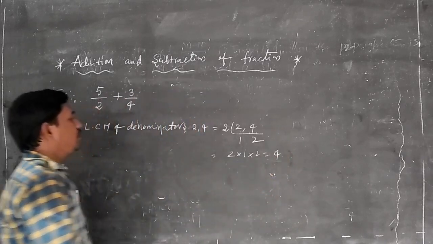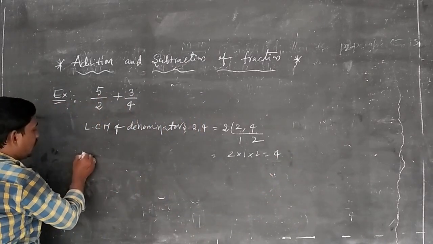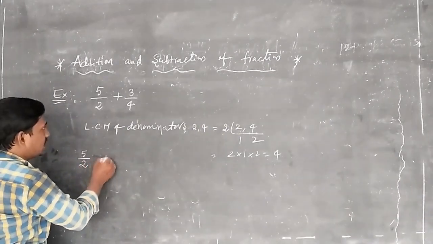So the LCM is 4. Now 5 by 2 plus 3 by 4.